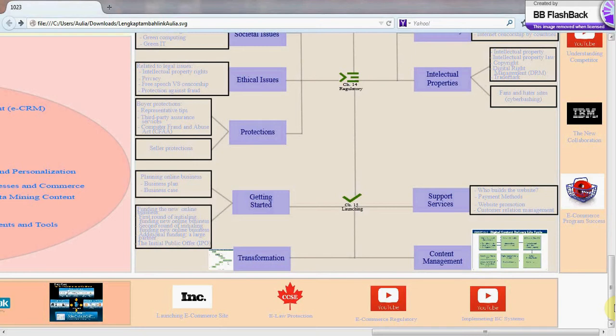And the last one, the initial public offering. So IPO offers a fund to open your commerce.